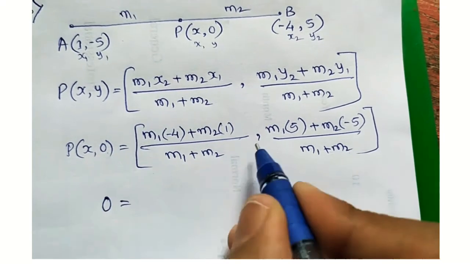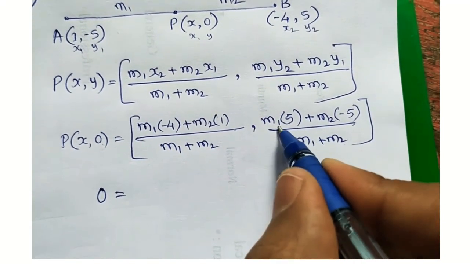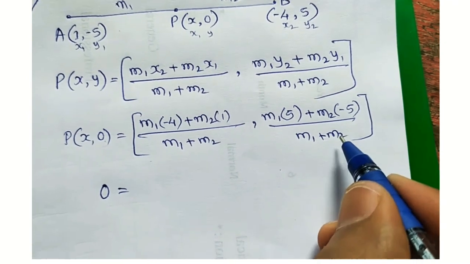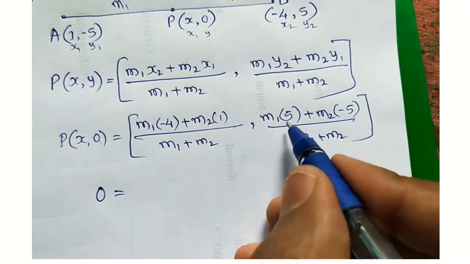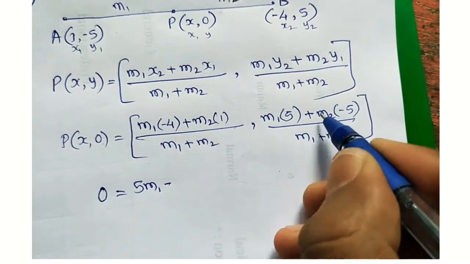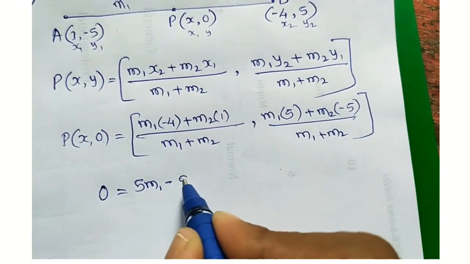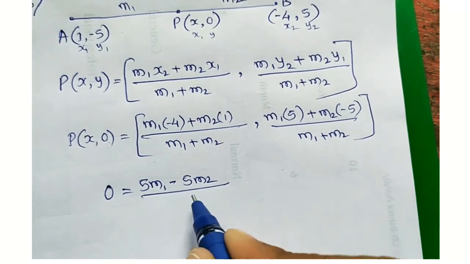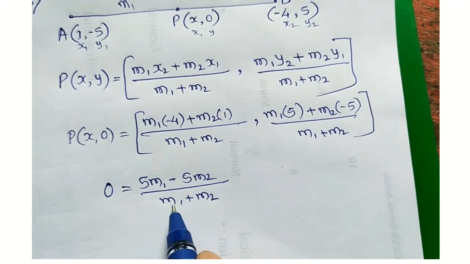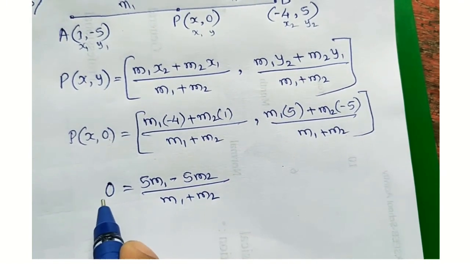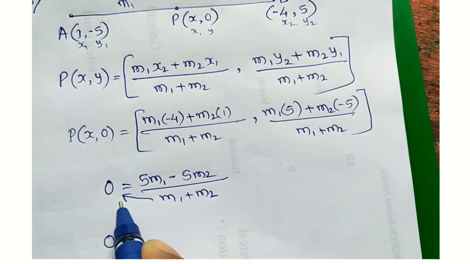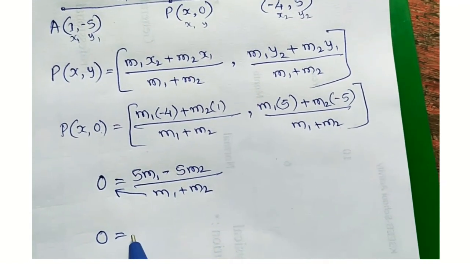So this 0 is equal to the second formula, that is m1 into 5 plus m2 into minus 5 divided by m1 plus m2. Okay, using this, equating 5 m1 plus into minus minus 5 m2 divided by m1 plus m2. Okay, so take the m1 plus m2 to the left side, it becomes 0, because multiplying with 0 we will get 0 only.